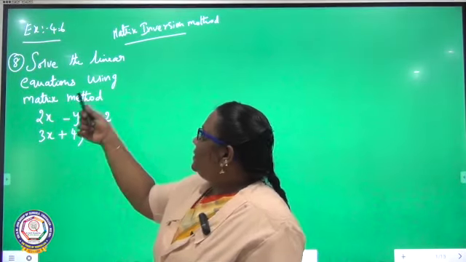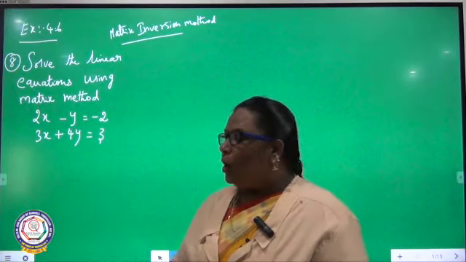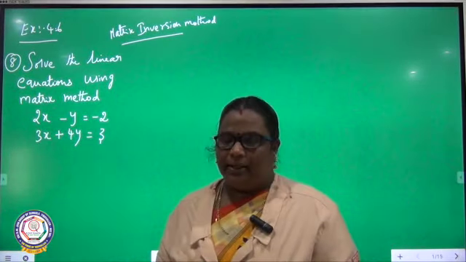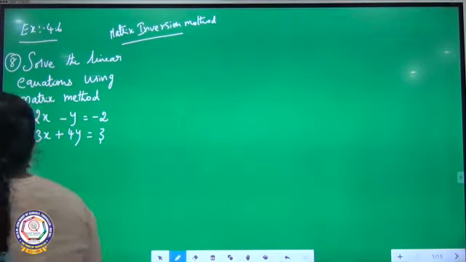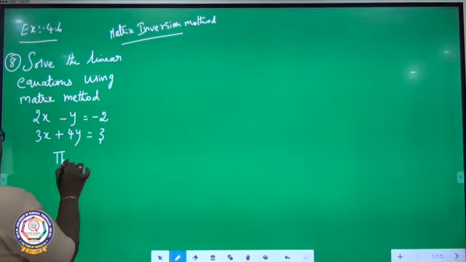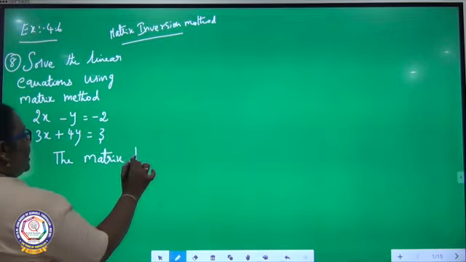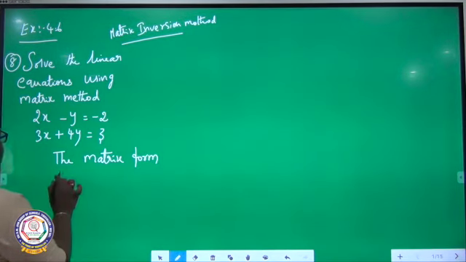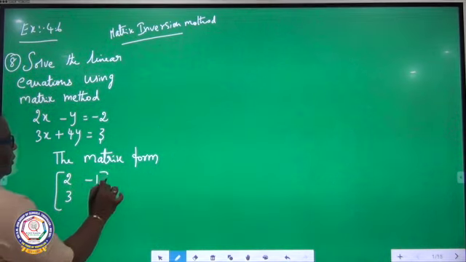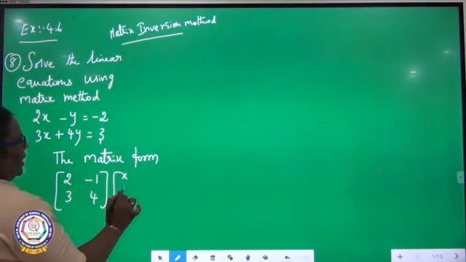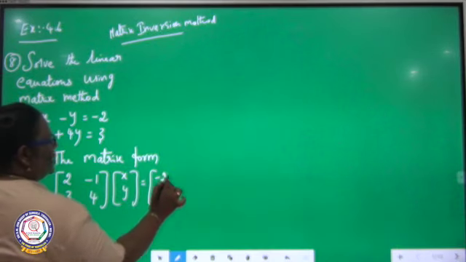Exercise 4.6, 8th sum. Solve the linear equation using matrix method or matrix inversion method. Okay, this is also a 2 by 2 matrix. You write it in matrix form: 2, minus 1, 3, 4 into x, y equals minus 2, 3.